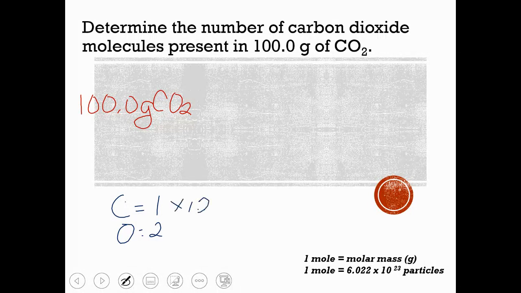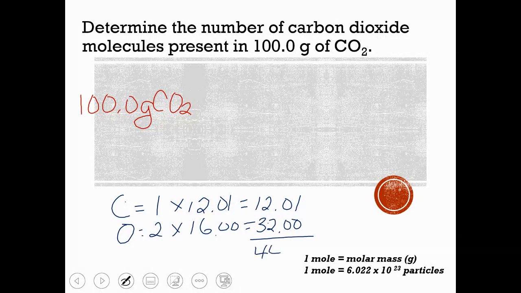On the periodic table, carbon is 12.01. Each of the oxygens is 16.00, for a total of 32.00 for the oxygen. Add that up and you get 44.01. This is the number of grams that's equal to 1 mole of carbon dioxide.